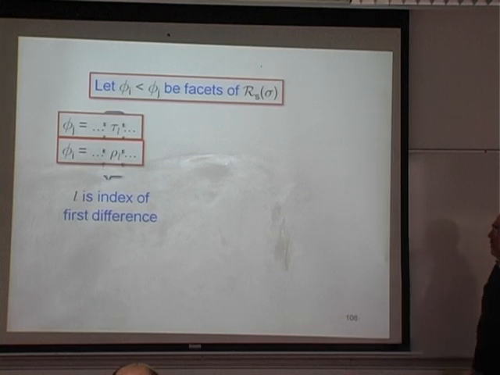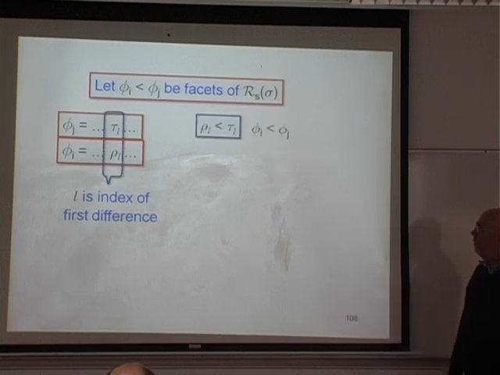So L is the index of the first difference. And because phi sub i is less than phi sub j by hypothesis in the shelling order, it must be the case that rho sub L, the component of phi sub i, is less than tau sub L, the component of phi sub j.